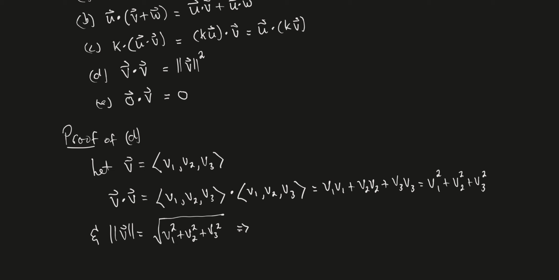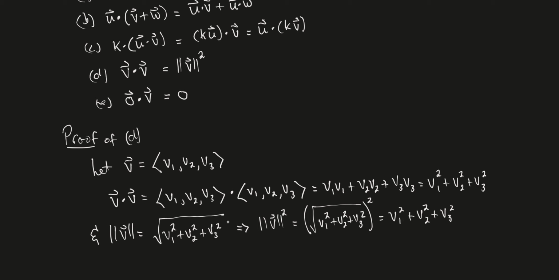This implies, if I now square the magnitude, then I'll get rid of the square root. So it would be the square root of this thing, and then I square the root like that. So the square root goes away, and I'm left with v1 squared plus v2 squared plus v3 squared. And there we go. These two things are the same.